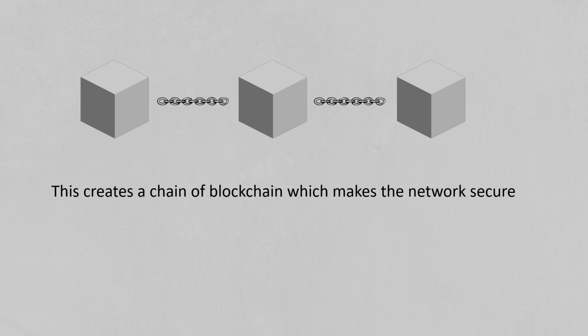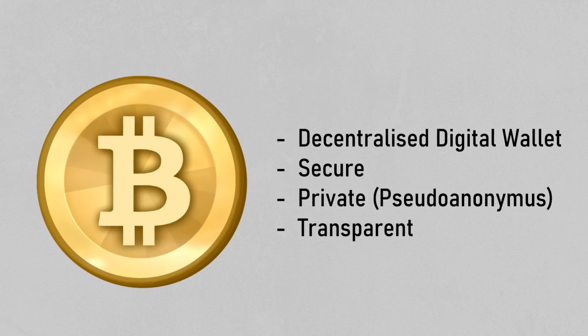All right, so in a nutshell, cryptocurrencies are a decentralized digital wallet which is secure, and your money cannot be manipulated inside. It cannot be shifted by other entities, unless they get your private keys, of course.